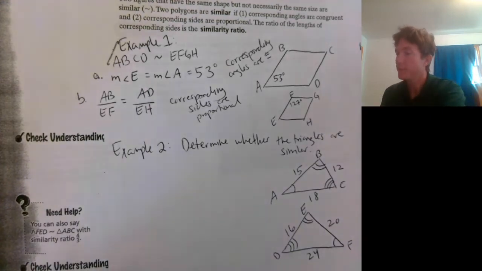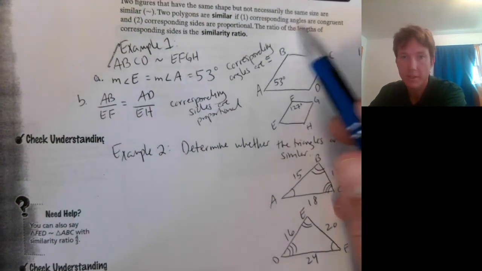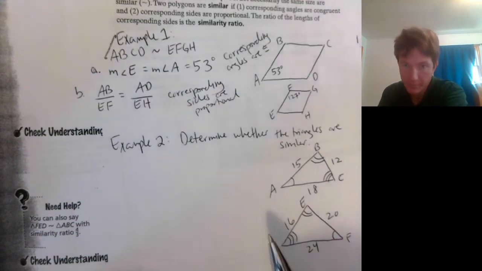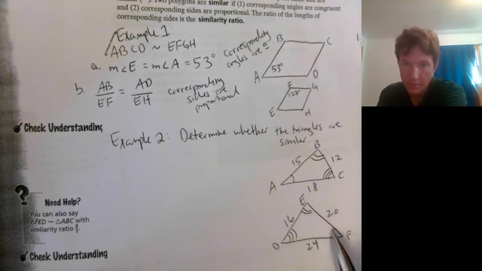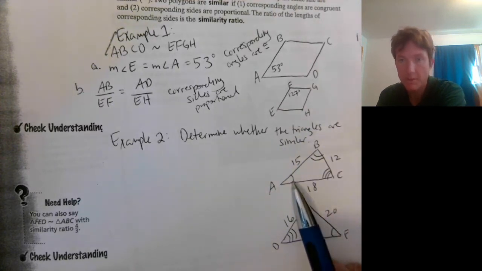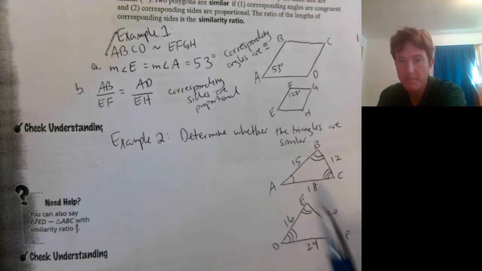The first thing is we need to determine if corresponding angles are congruent. So you remember these little marks here? These markings mean that if I have one mark and one mark, they are congruent, or the same.